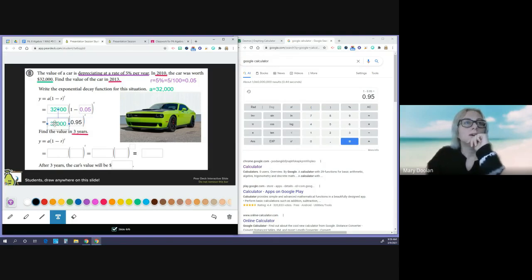And now we're going to plug in these values. Our exponent is 3 because it says in 3 years. So T equals 3.